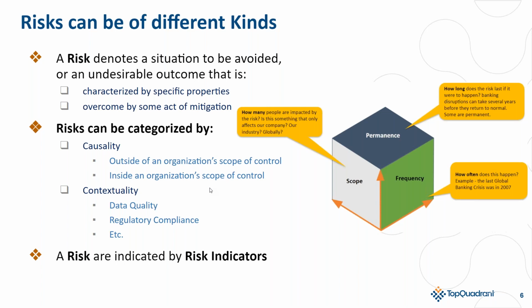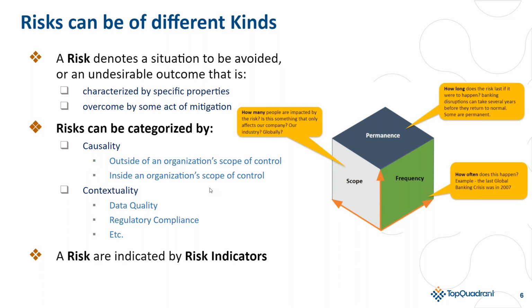So permanence, scope, and frequency, some of which we alluded to in the previous example. Scope is defined by how many people are actually impacted by said risk. Is it within our organization? Is it within our industry? Or is it something that's global?